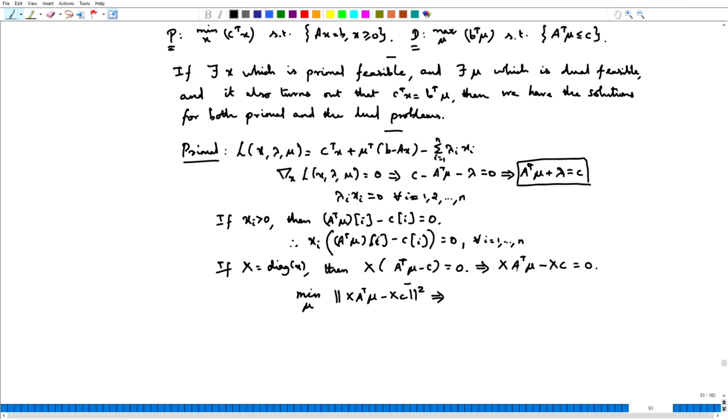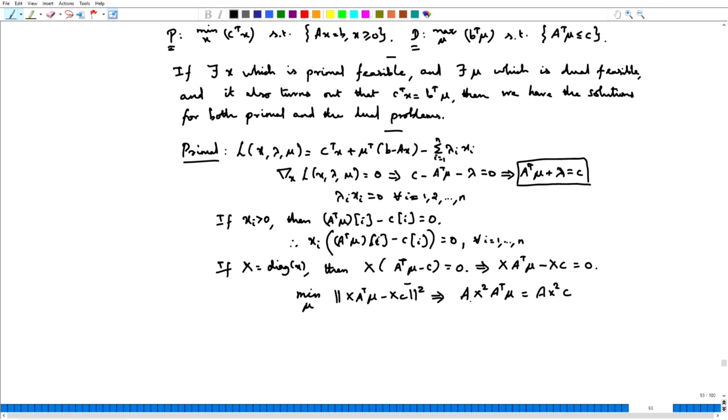So, X A transpose is an n cross m rectangular matrix and not invertible. So, what I am going to do is multiply on both sides by A X. You will actually have A X squared A transpose mu equal to A X squared c. I have just pre-multiplied throughout by A X.